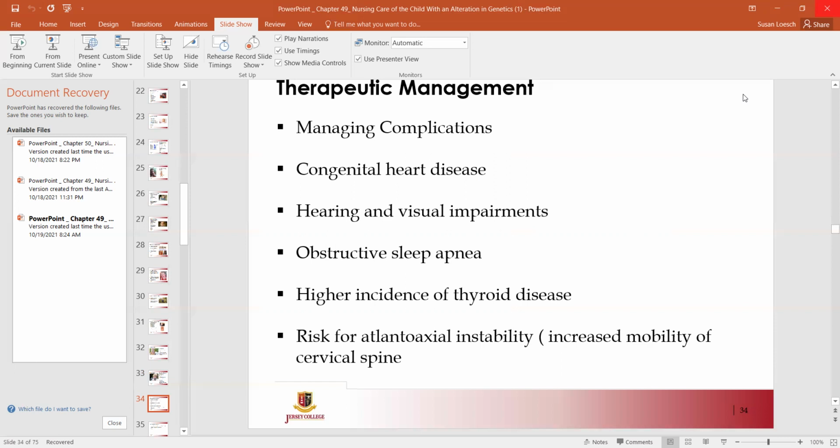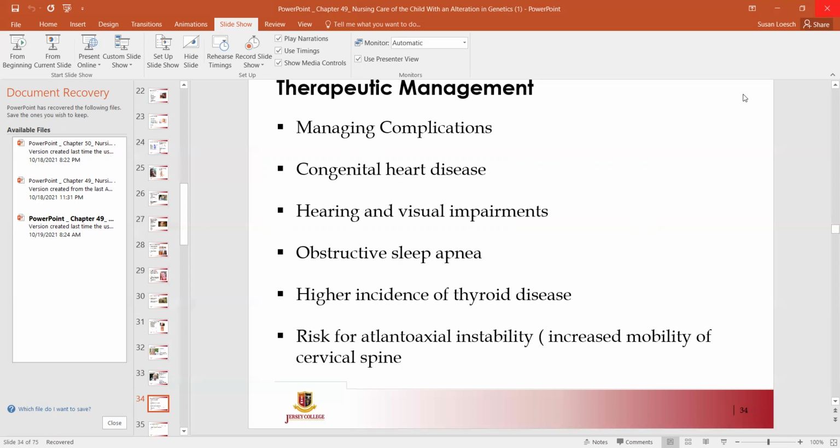They'll need the same immunizations as any other child as recommended by their physician or the Pediatrics Association. Okay. Congenital heart disease will occur in about half of these kids. So cardiac problems can be minor to major. And so they'll be on different medications depending on what sort of defect they have or what sort of surgical interventions they've had to have.